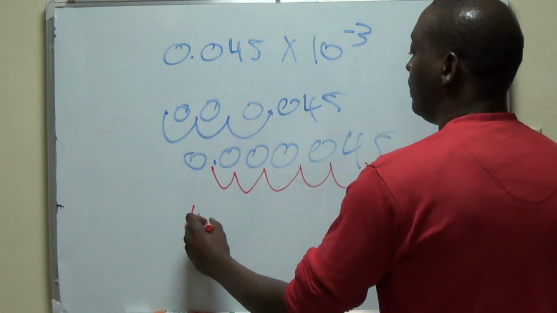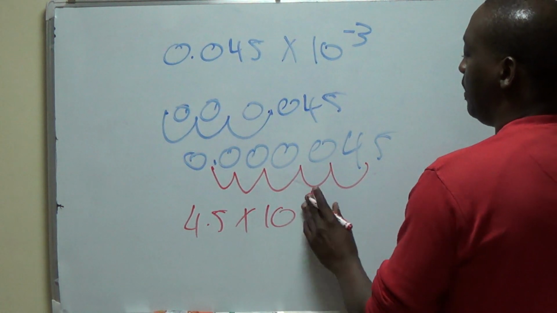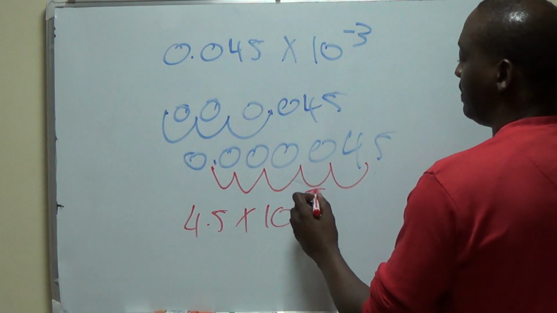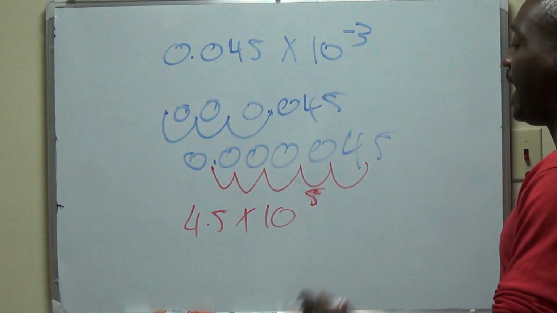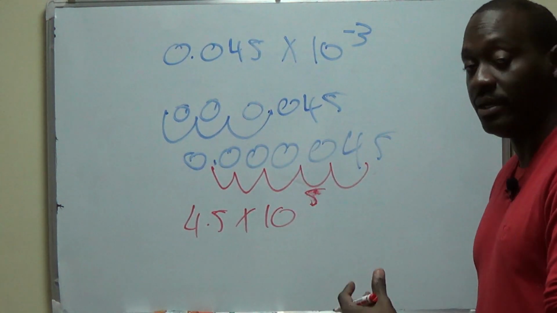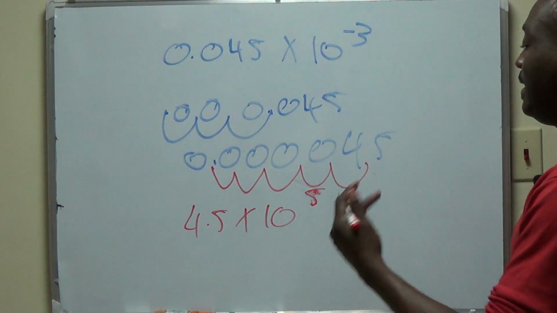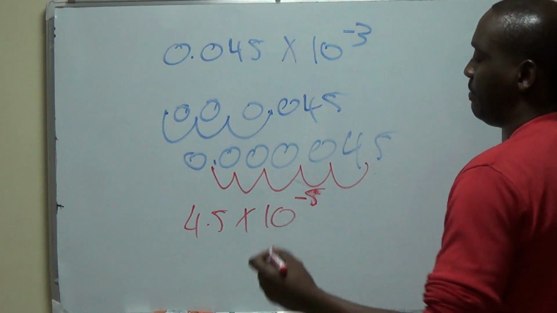So you're starting off with 4.5 by 10 to the power of either plus 5 or minus 5. Since the original decimal was a number less than 1, we know this has to be minus 5.